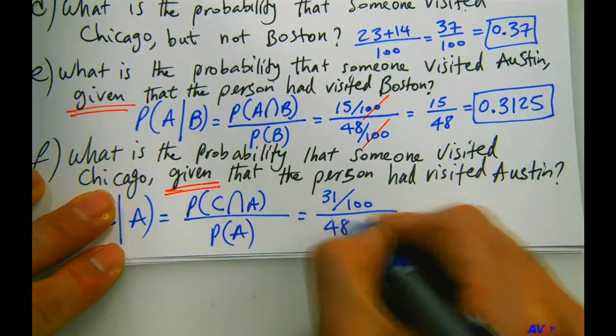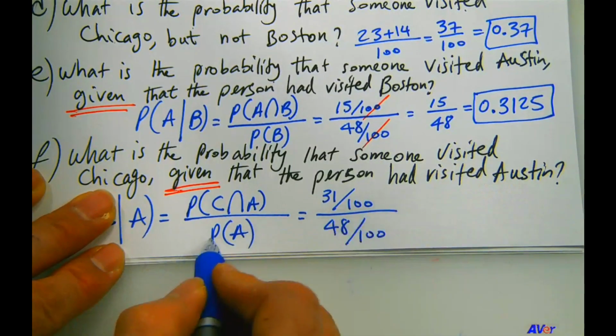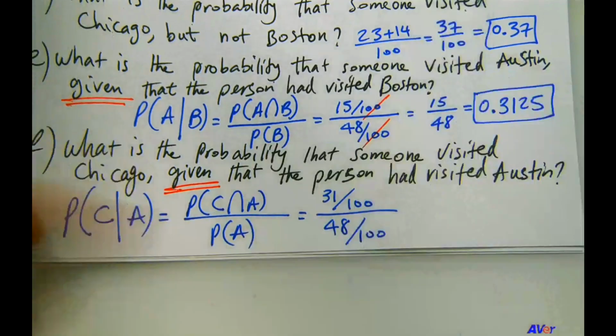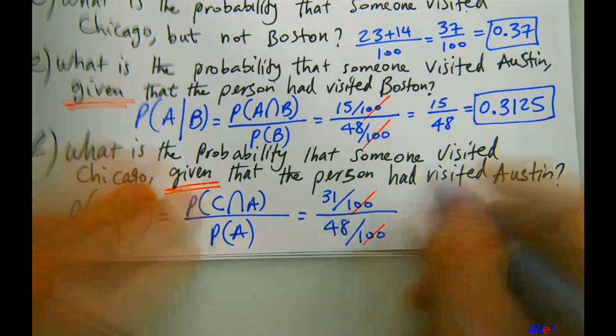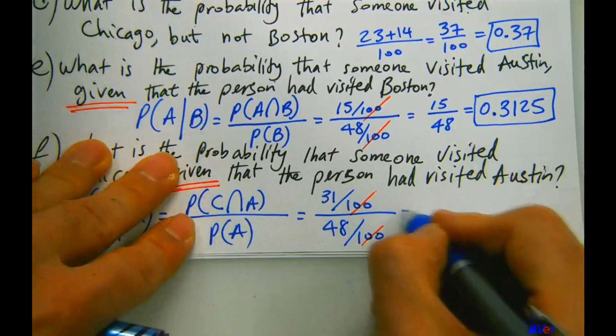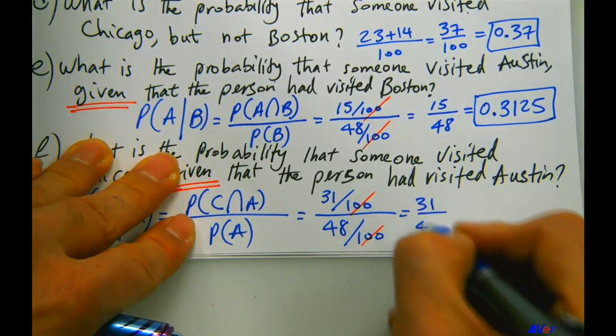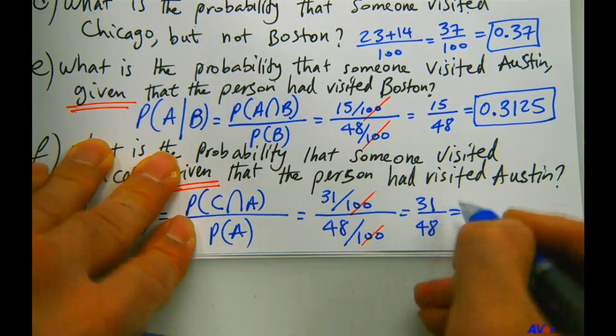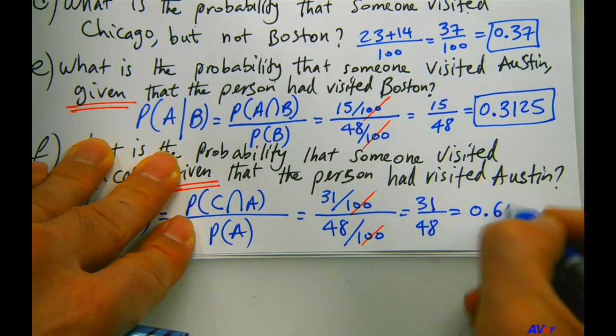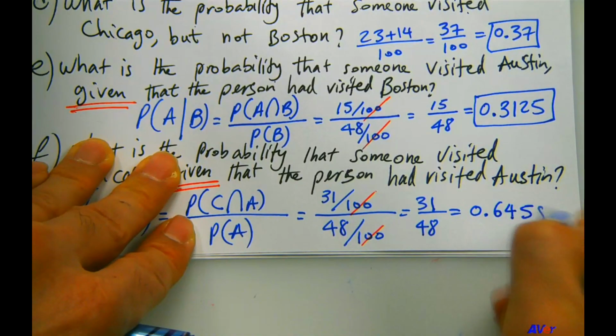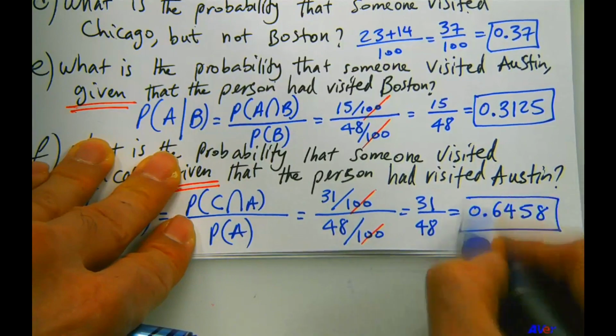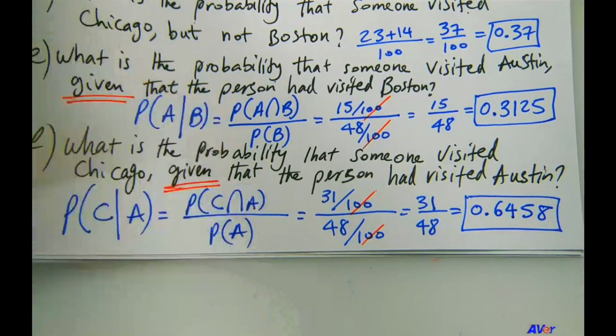So 48 divided by 100. The hundreds cancel each other out. We end up with 31 divided by 48, and that is equal to 0.6458, the probability answer calculated to 4 decimal places.